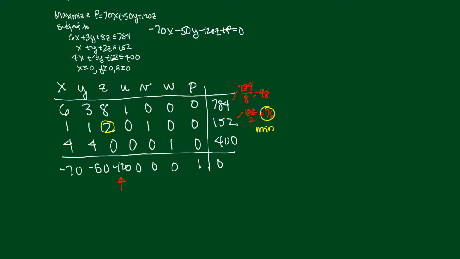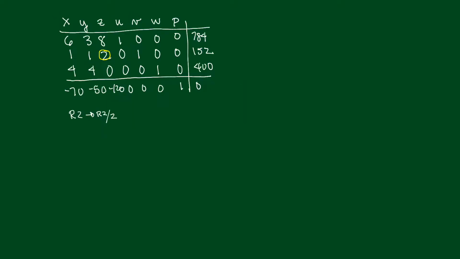Now I know how these pivots work. What I want is a 1 in that position. So I'm going to have to change row 2. I can get a 1 in that position if I take the current row 2 and divide everything by 2. That's easy enough, so I'm just going to write the new tableau right next to this one. Let's rewrite this entire tableau, but dividing through row 2 by 2.